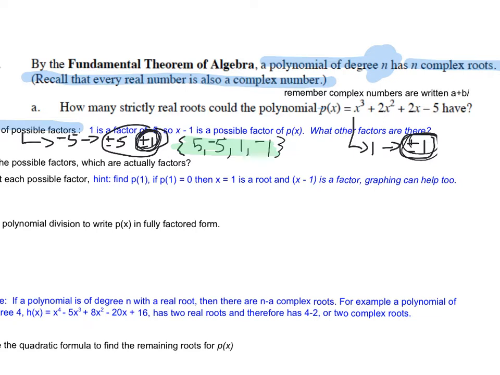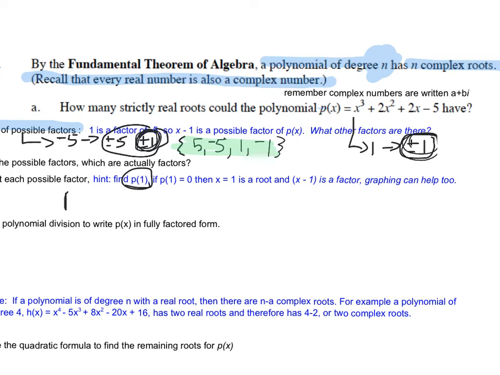Graph x cubed plus 2x squared plus 2x minus 5 and see where it crosses the x-axis. And those will be your factors. So go ahead, take a minute and do that. Please pause this and then return. All right, so when you graphed it, you'd see that it does cross at a positive 1.